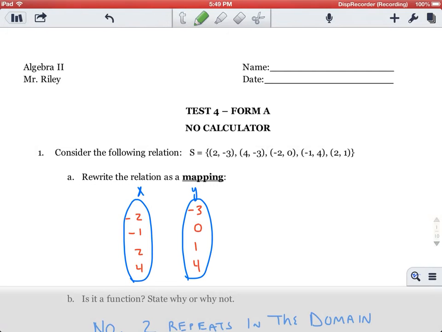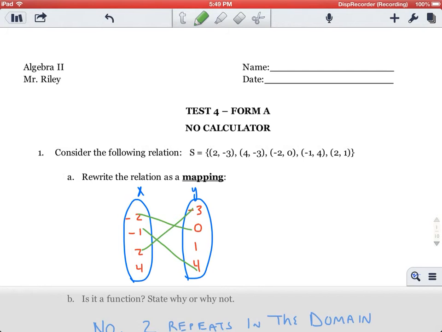For part A, you're basically listing the domain and range, and then you are simply matching the ordered pairs as they're presented to you in the original problem.